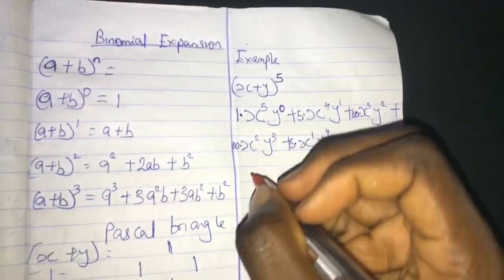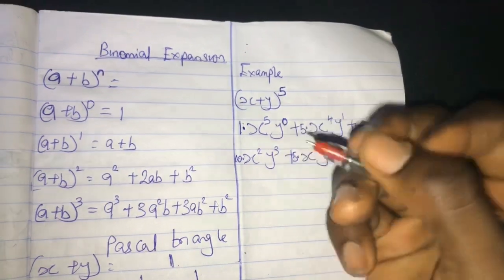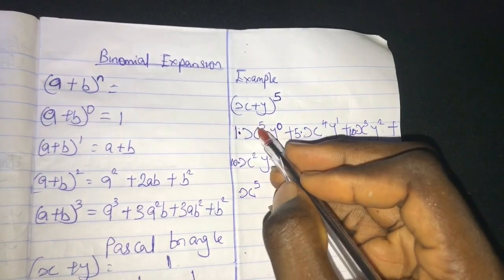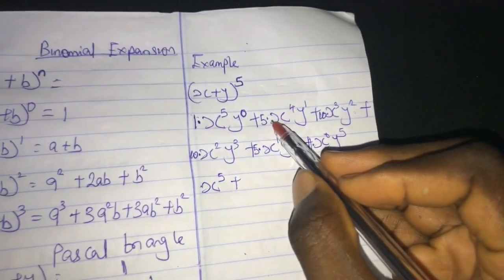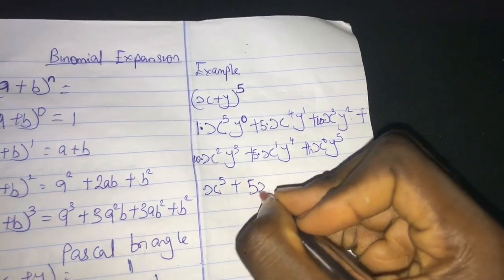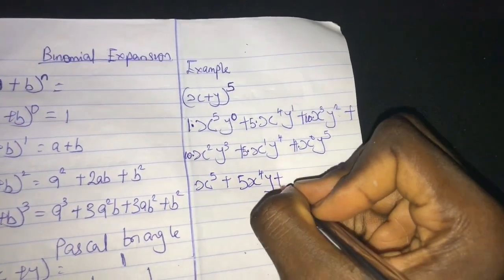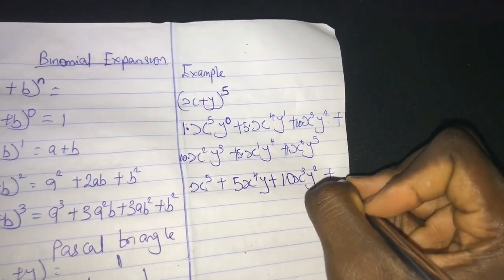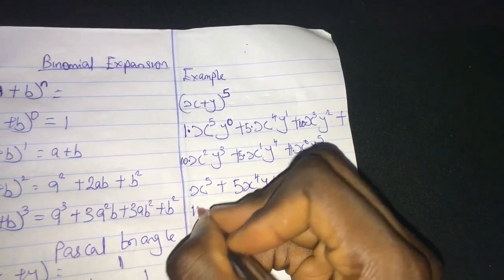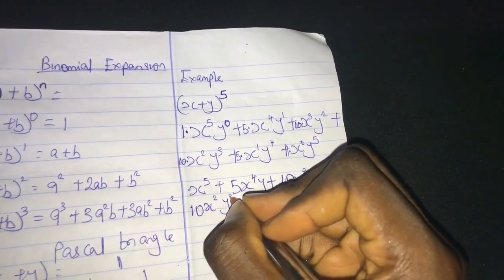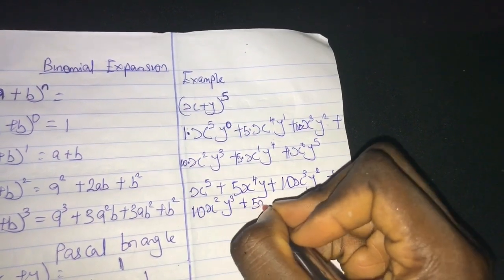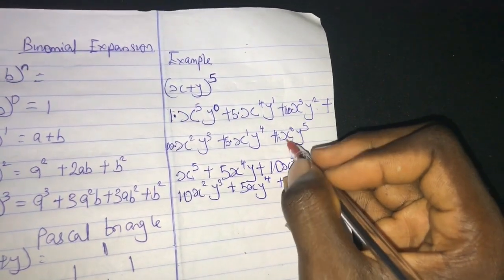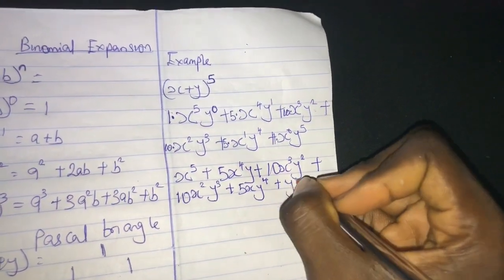Y to the power of 0 is 1, so you just have x to the power of 5 plus 5x^4 y plus 10x^3 y^2 plus 10x^2 y^3 plus 5x y^4 plus x to the power of 0, which is 1, times y to the power of 5.